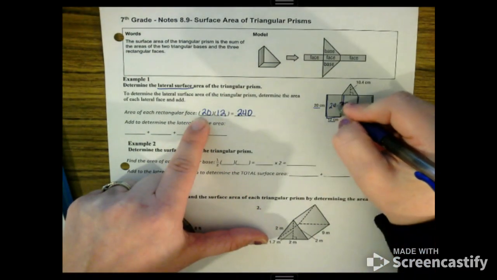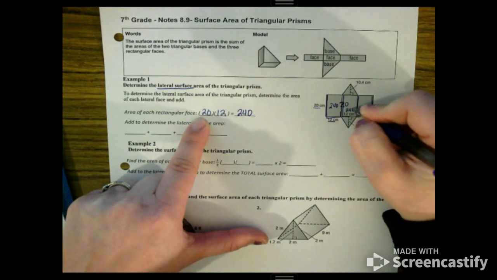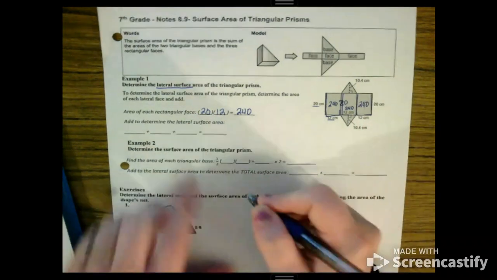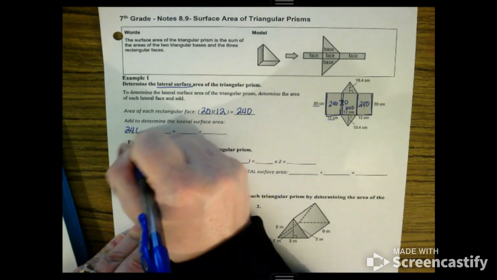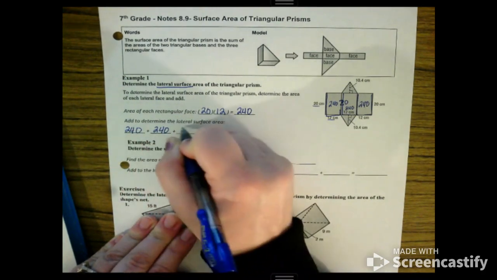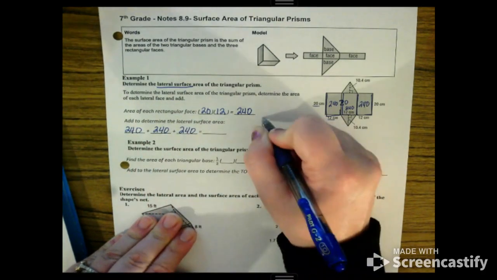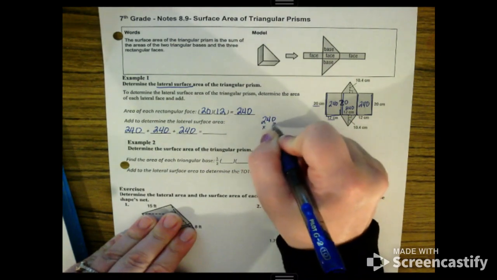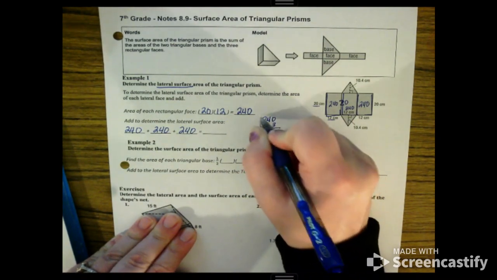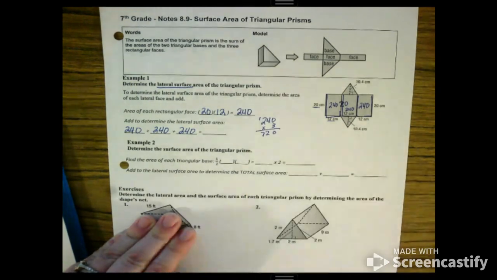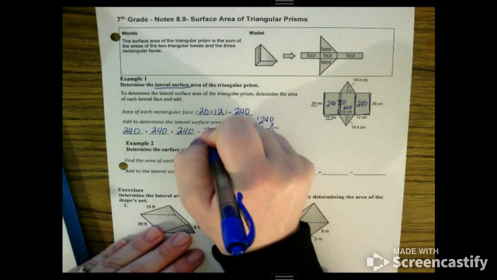So if this one's 240, this one's 240, and this one's 240, what do I just do with those? Times 3, or just add them together. So what is 240 times 3? 720.